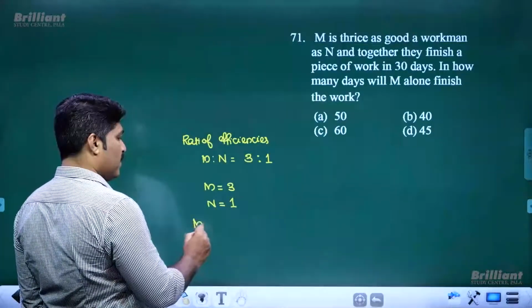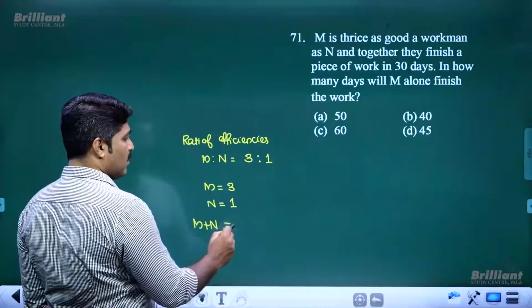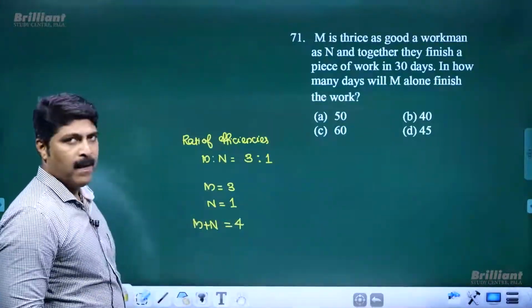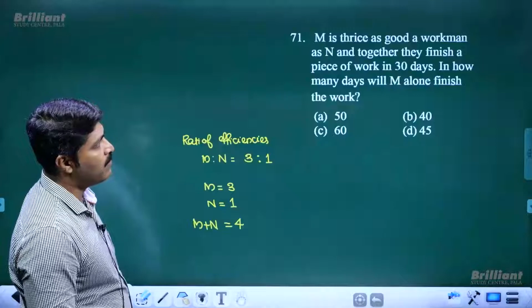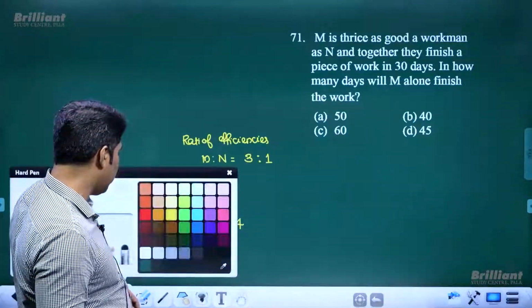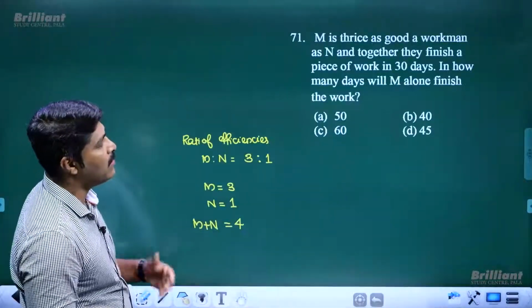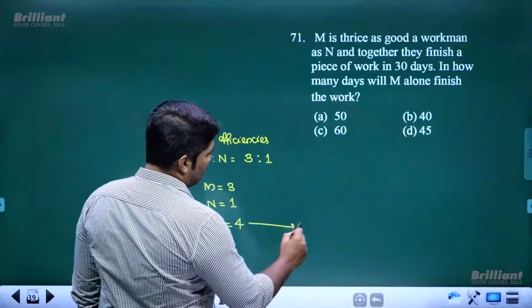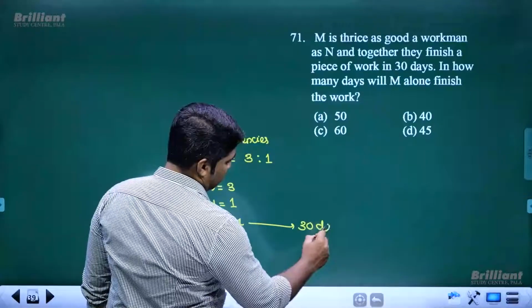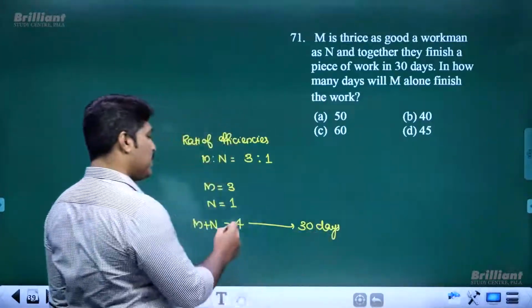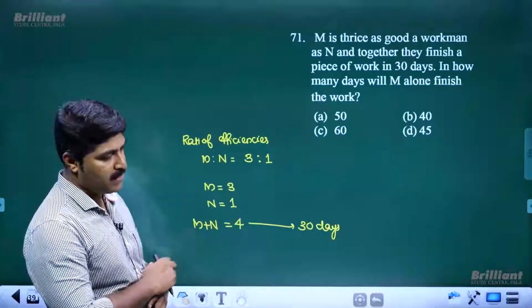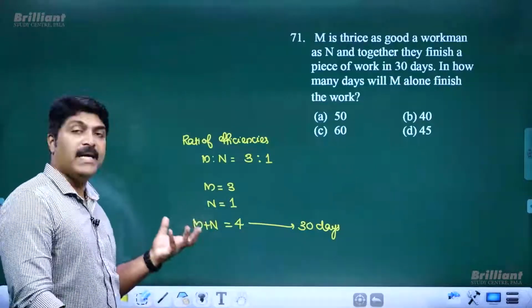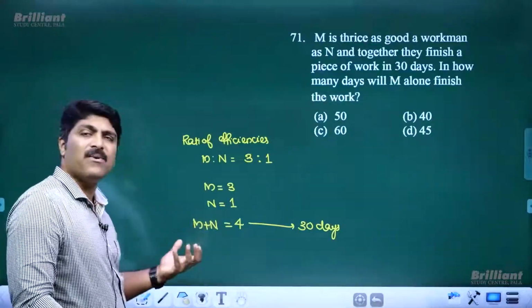Therefore, the combined efficiency of M and N is 4. How do we connect it with the question? It is given that together they required 30 days, so this combined efficiency 4, that is 3 plus 1, represents 30 days.